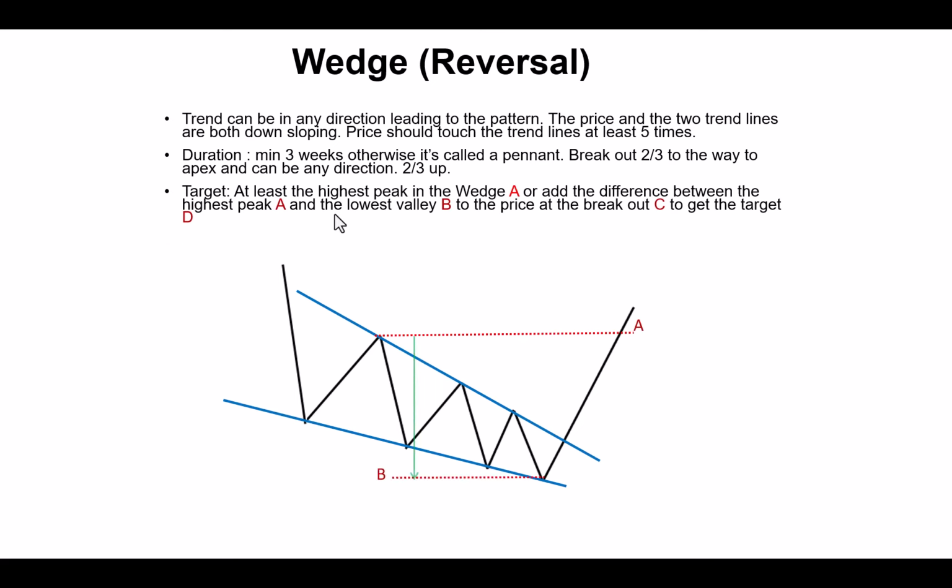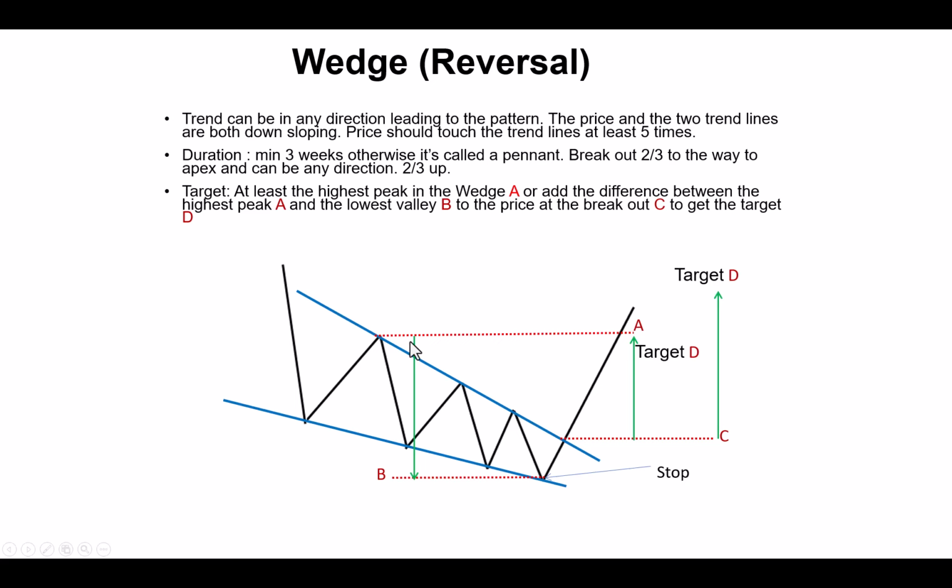Target price: calculate the peak of the wedge to the bottom or the trough of the wedge. You calculate that difference and add it. If it's a reversal one, you add it to the breakout price, and your stop will be down here. Then you can actually calculate that. Two rules of thumb when we talk about target price.